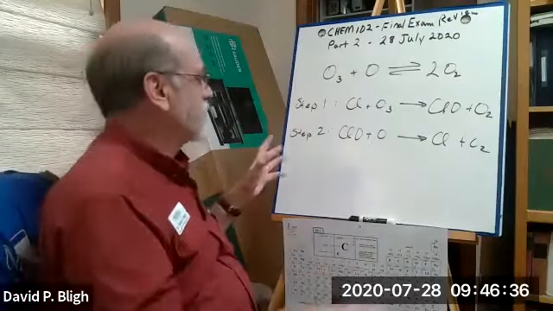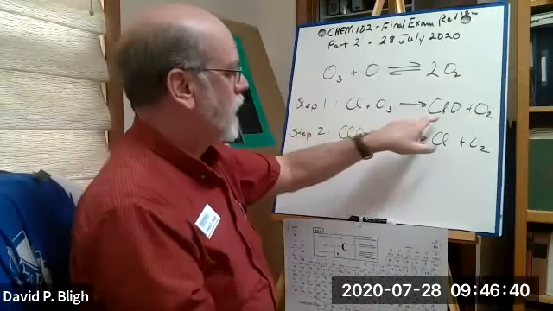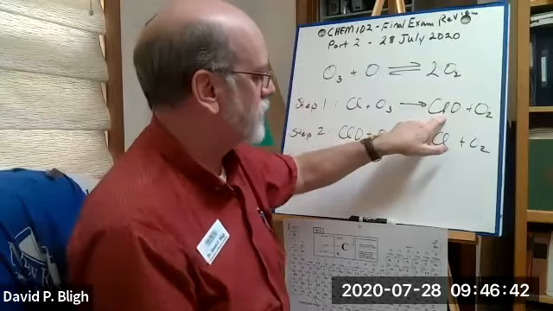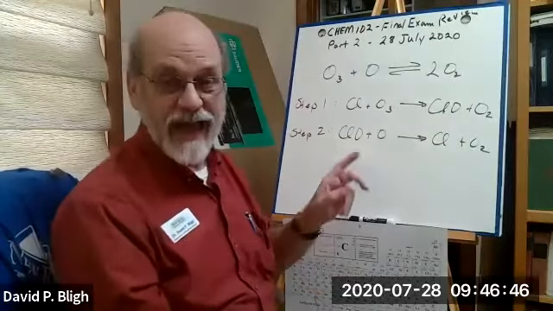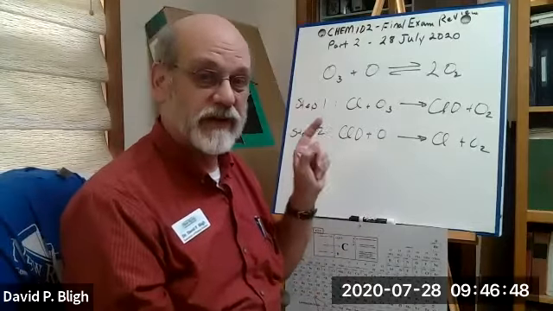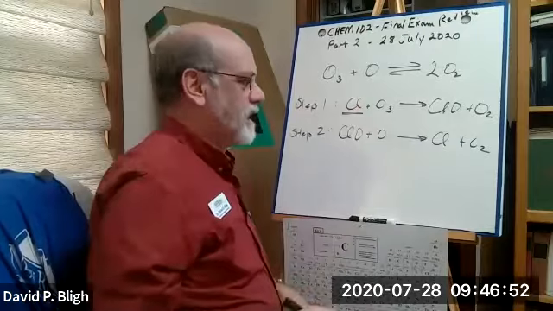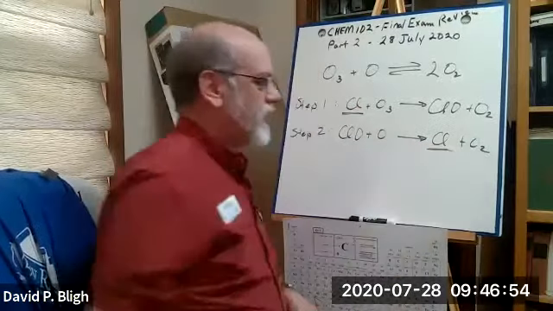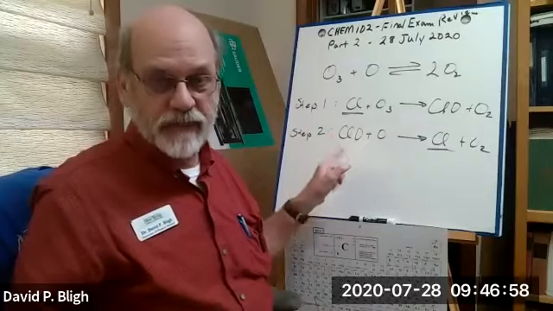So where is that? Well, let's see. Chlorine's not there, right? Chlorine oxide is not there either. Right? But which one's the catalyst? The one that goes in as a reactant and comes out as a product. That's the catalyst for this reaction.